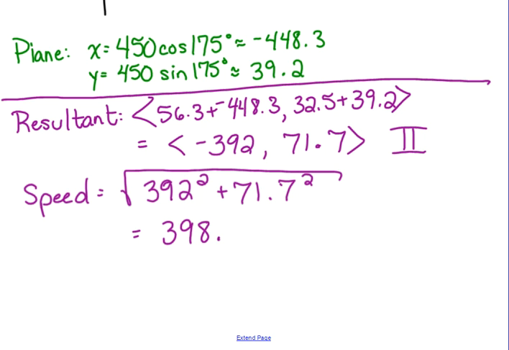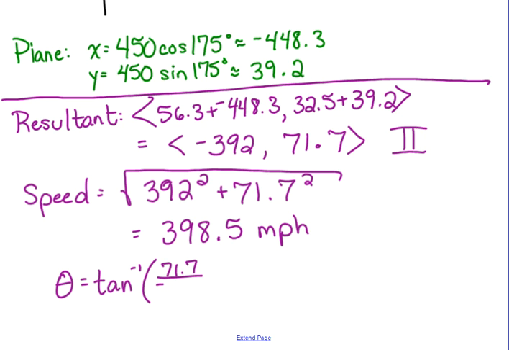I forgot the decimal. There we go. Okay. We're good. 398.5 miles per hour is its approximate ground speed. It's slowing it down. Okay? It's taking it from 450 miles an hour to just under 400 miles per hour because of the effect of that wind blowing against it. All right? Then for the angle, that's the inverse tangent of the y over the x.